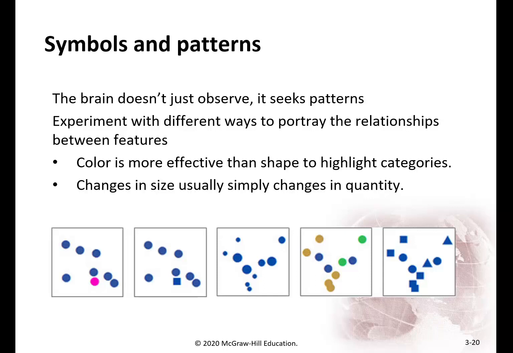When evaluating these symbols and layers, take note of how your mind tries to group or separate these objects and use these effects to help support the visual hierarchy that you are going to attempt to create on your maps in the future. So clearly, color is more effective than shape to highlight certain categories, and in general, changes in size are usually going to signify a change in quantity.